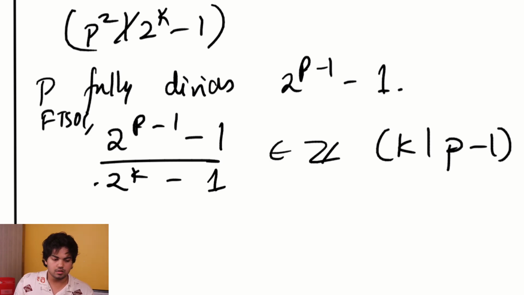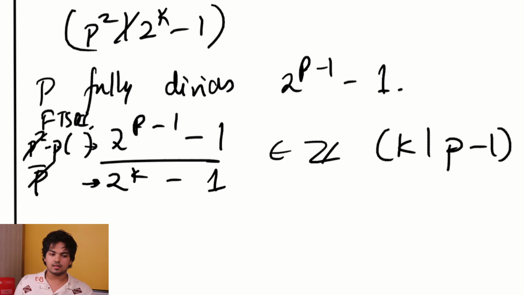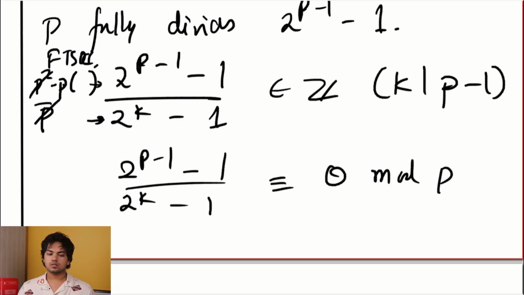Since 2 to the k minus 1 only has one p sitting inside, when I cancel, there's at least one p remaining. So this number would have to be divisible by p, since there is a power of p left inside the numerator.